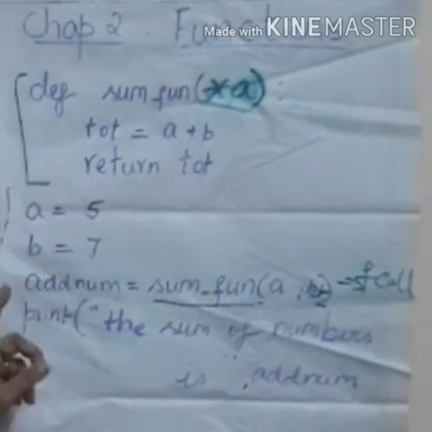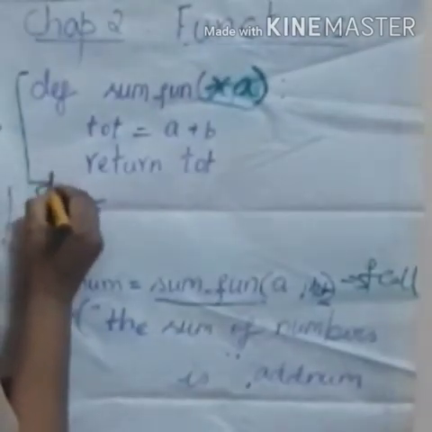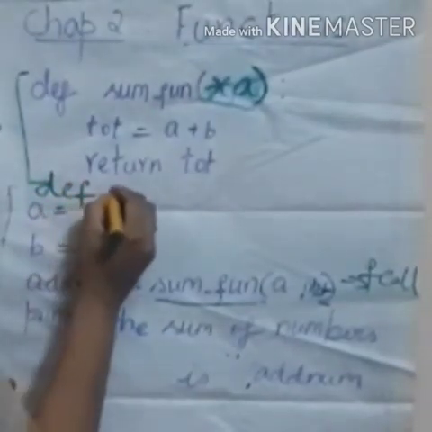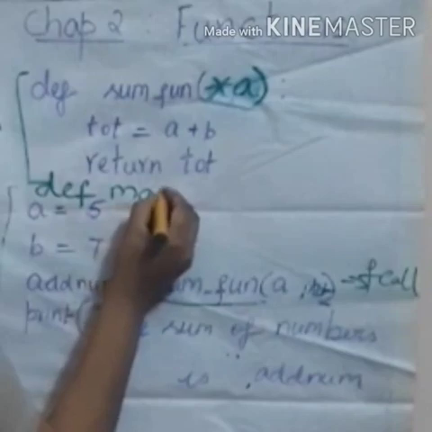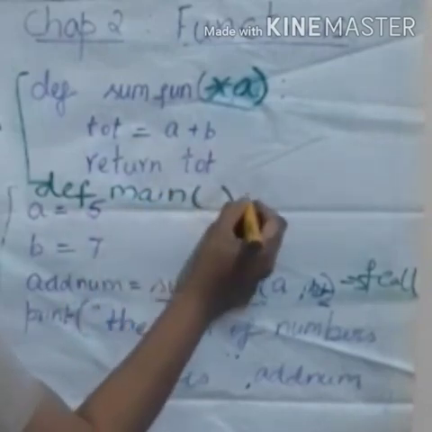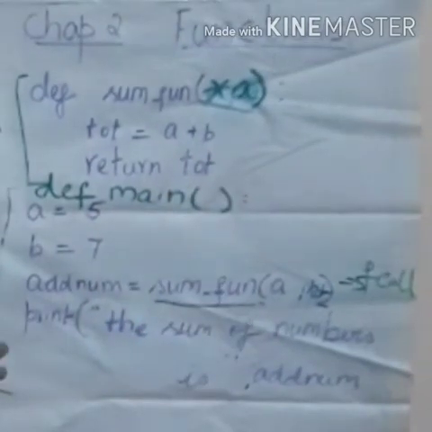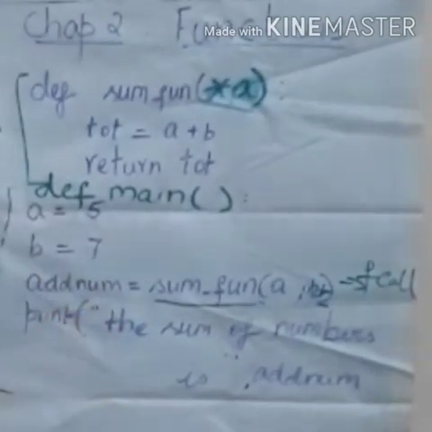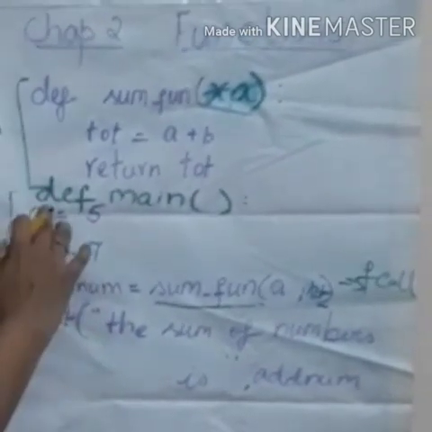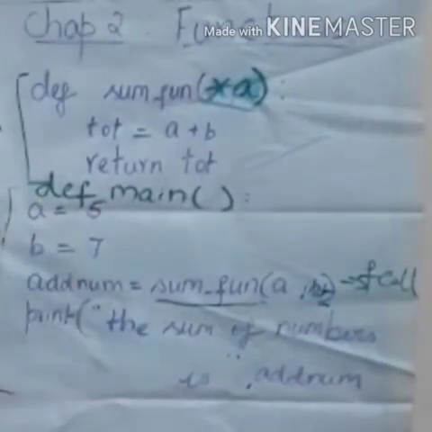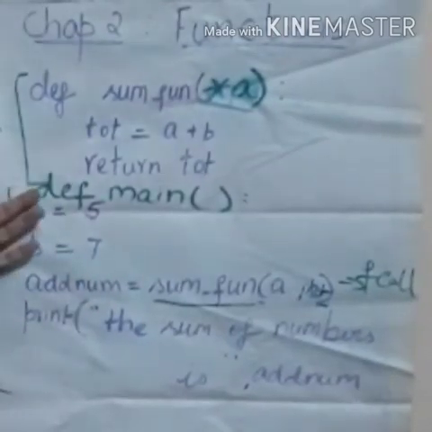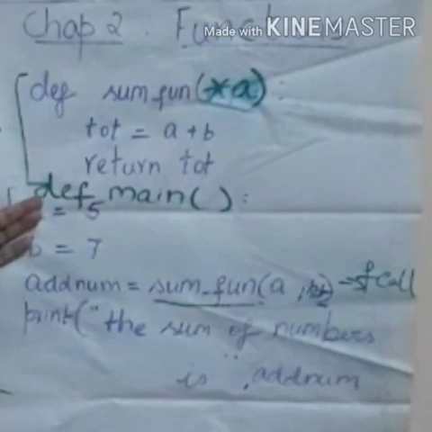If you want the main coding, you can write by using a statement called def main. So it is understood by the interpreter that this becomes your main coding, and it is optional and it is not compulsory. When you write like this, it will be easy for you to identify where your main program is.